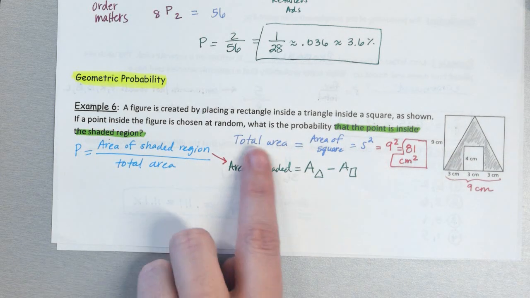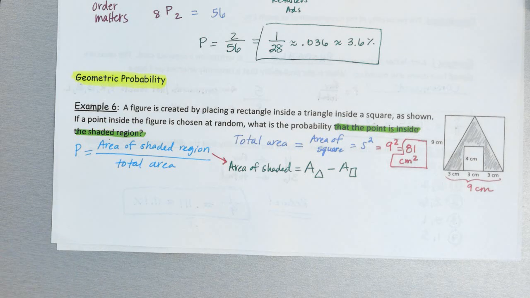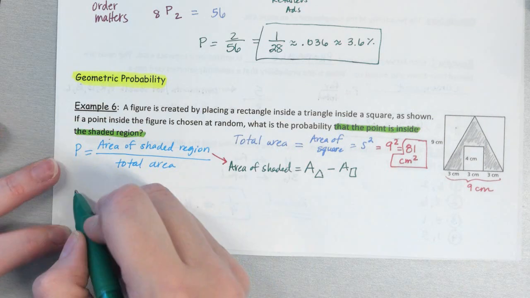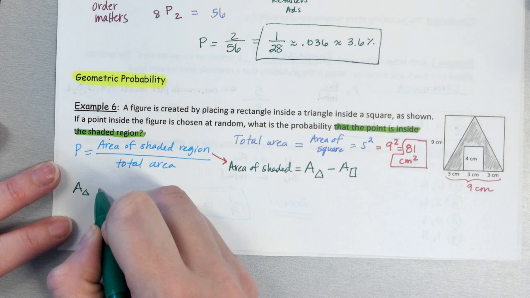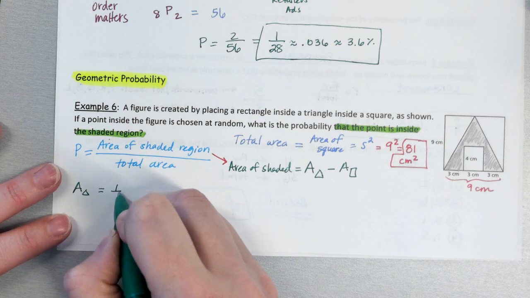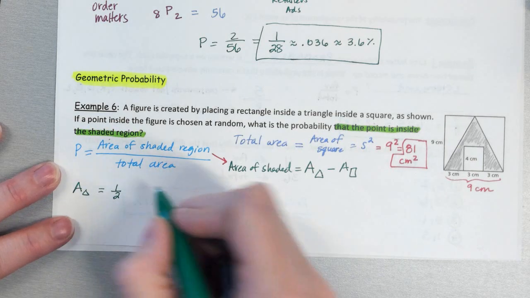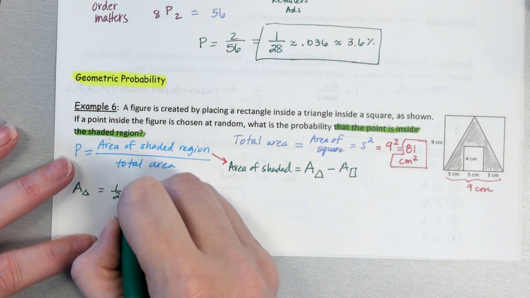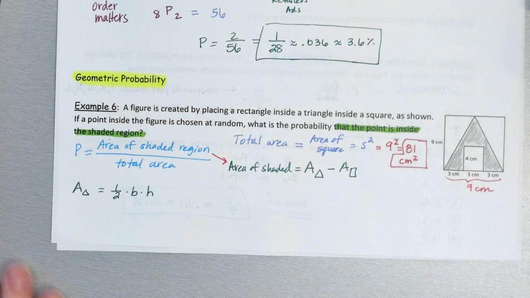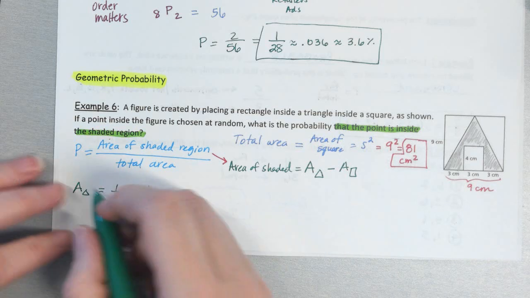All right, so all we have to remember is how to find the area of a triangle. What is that formula? 1/2 base times height.